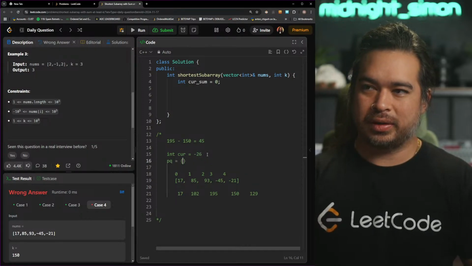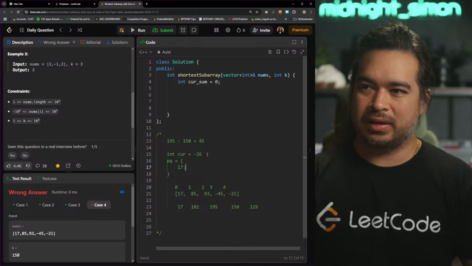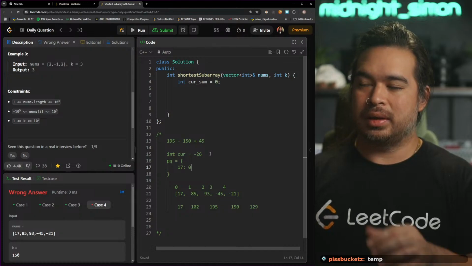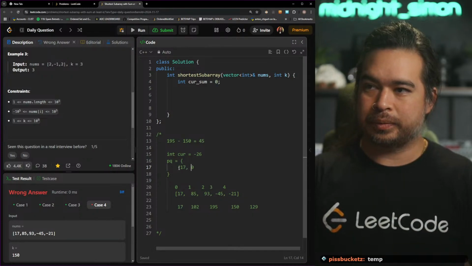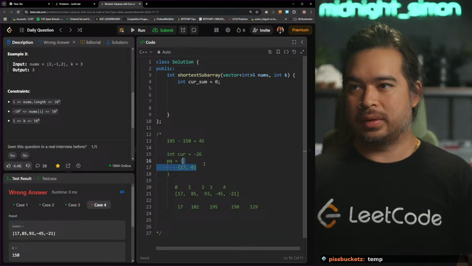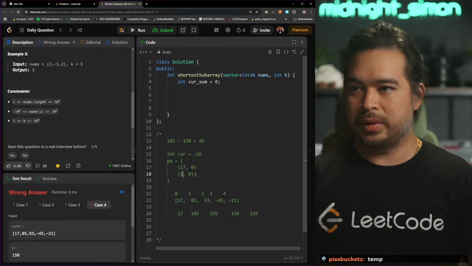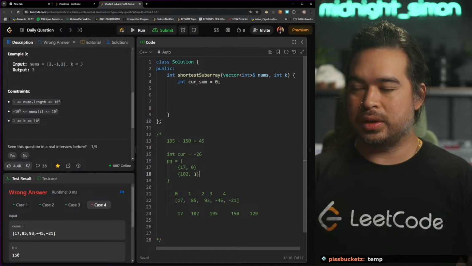Let me do this again. So the 17 is in the heap at index 0. 102 is in the heap at index 1.